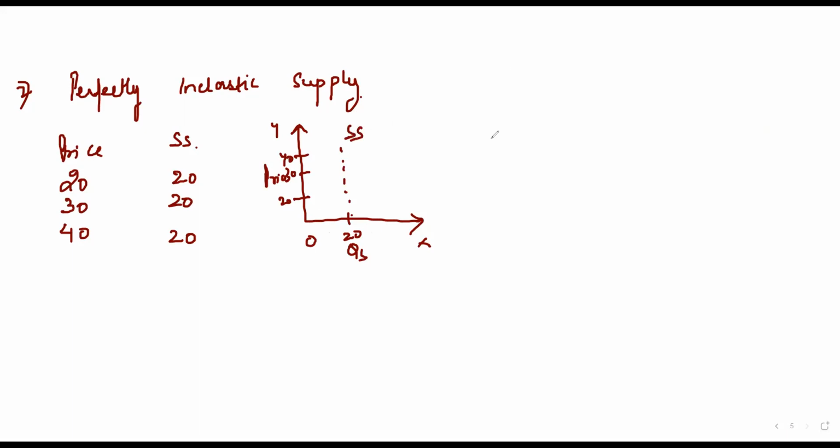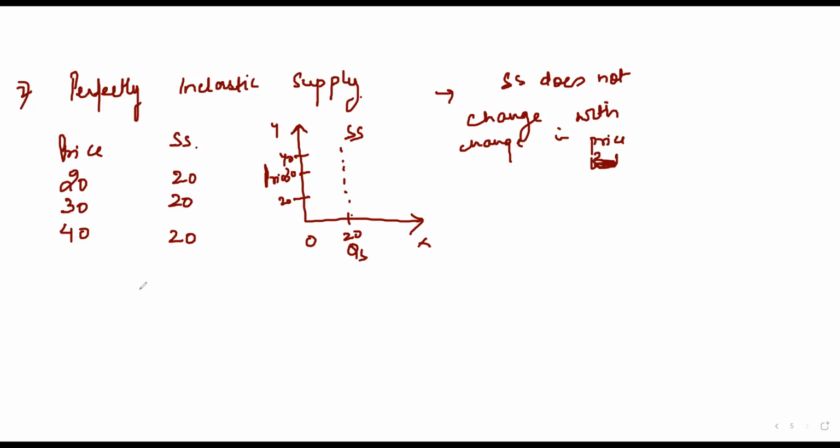So this is the perfectly inelastic supply curve. What is happening in this? Supply does not change with change in price. Okay. So in that case, we say it is perfectly inelastic.